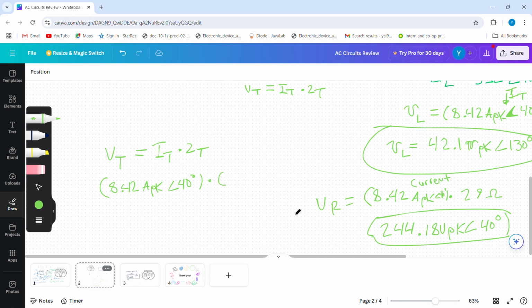The total impedance, we calculated above by adding the two impedances of the resistor and inductor, and it was 29.4, angle 9.78 degrees. For our V total, we will get a value of 247.78 volts peak, angle 49.7.